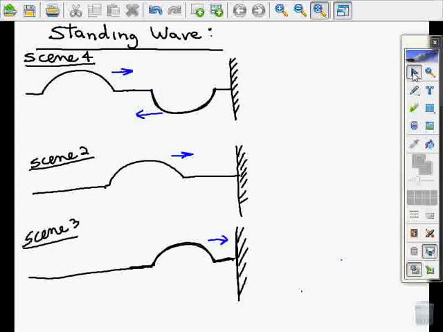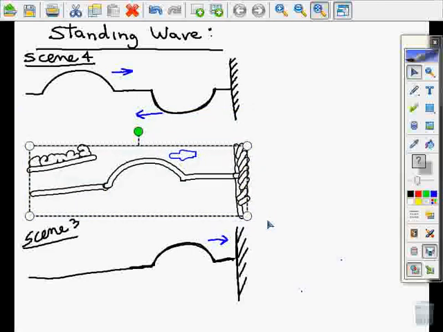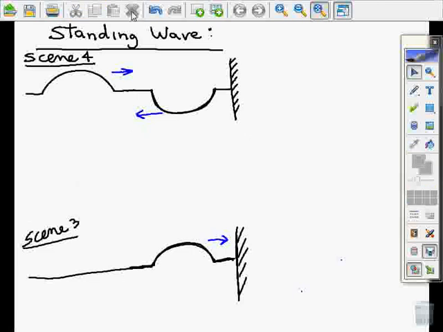Let me make room for my scene 5. And I want you guys to draw what scene 5 will look like.